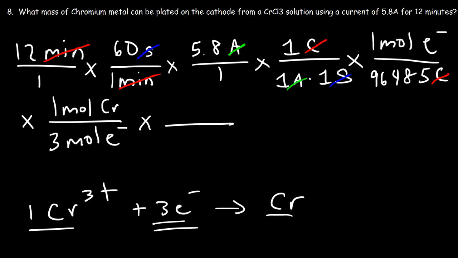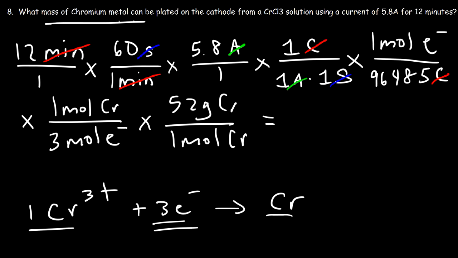At this point, we can convert moles to grams. So we need the periodic table, and the molar mass of chromium is about 52 grams per 1 mole. And so that's how you can calculate the mass that will be plated. You could just do a simple conversion. So these will cancel, and these units will cancel as well.